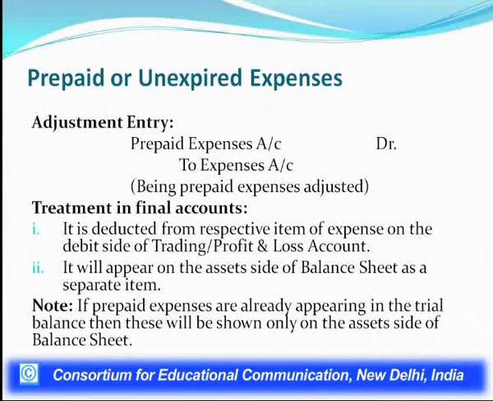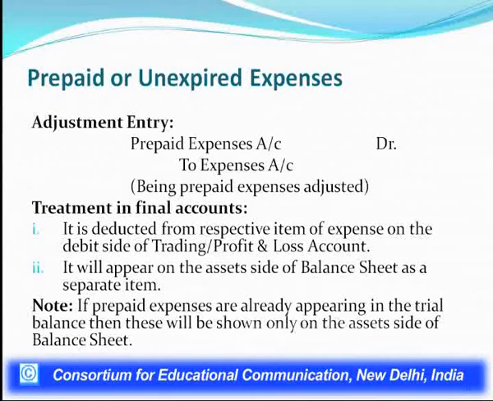Similarly, if there is prepaid rent, then we shall pass the entry: prepaid rent account debit to rent account. If we are making the adjustment directly in the financial statements, then we shall deduct the prepaid expenses on the debit side of trading account or profit and loss account.